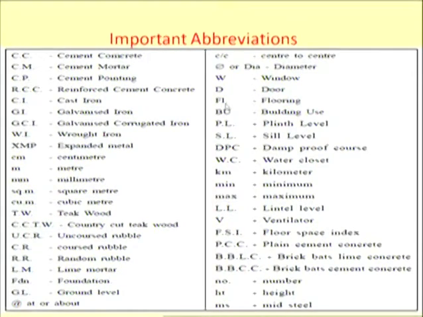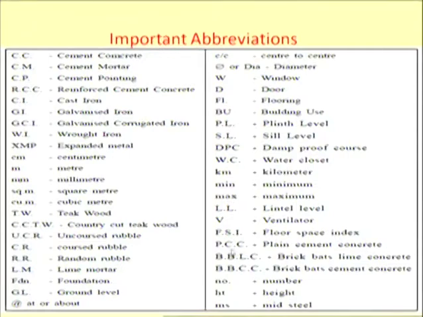D for door. FL for flooring. Building use, BU. PL, plinth level. SL, sill level. DPC, damp proof course. Then WC, water closet. Kilometer, km. Minimum, maximum. Then lintel level, LL. V for ventilator. FSI is the floor space index.